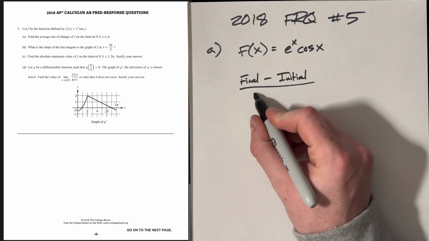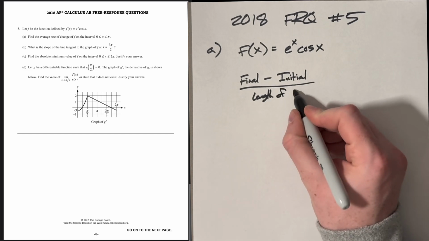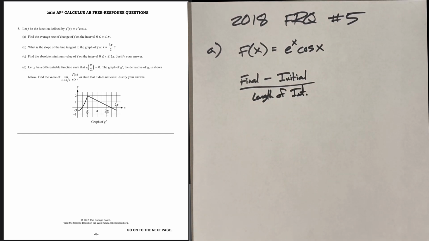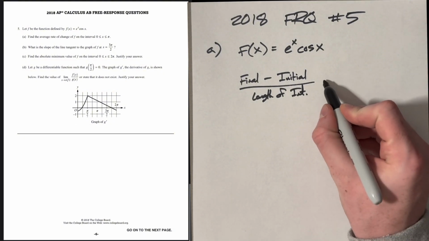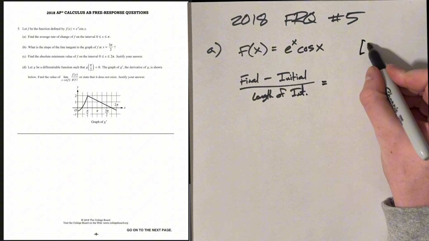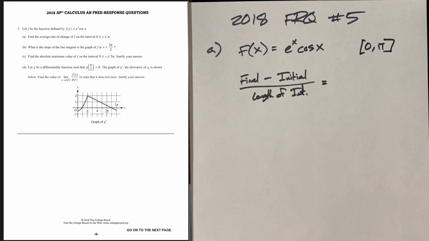In this case, it'll be the length of the interval. So thinking about the final and initial values of this function, we are going on the interval 0 to pi, as it tells us in part A.